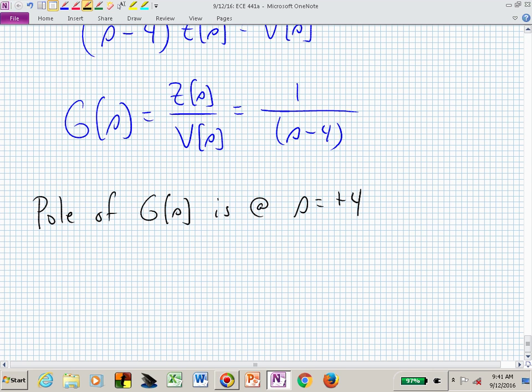It's okay. That's why we're taking this class, so we can stabilize unstable systems. But we have to understand, what are we living with? This is now in the right half plane.